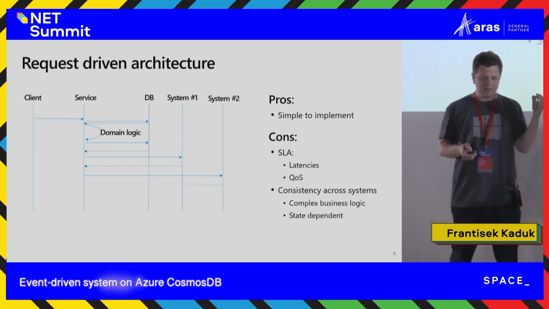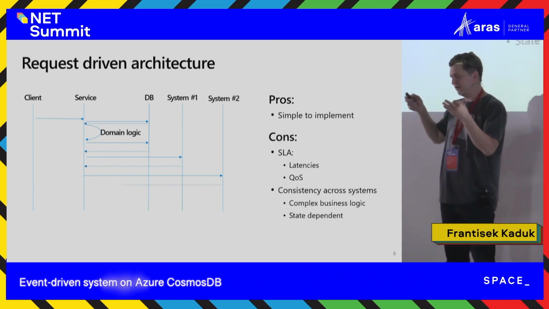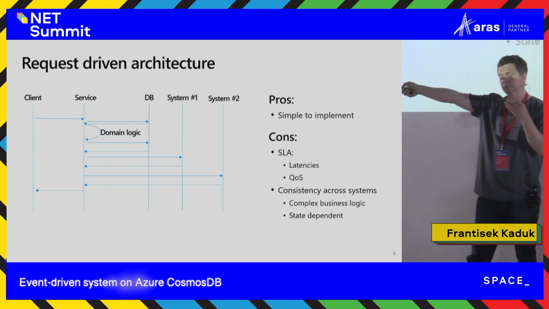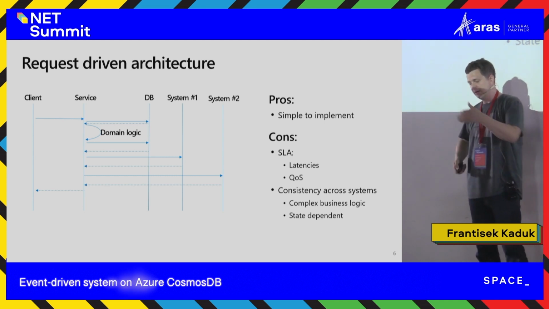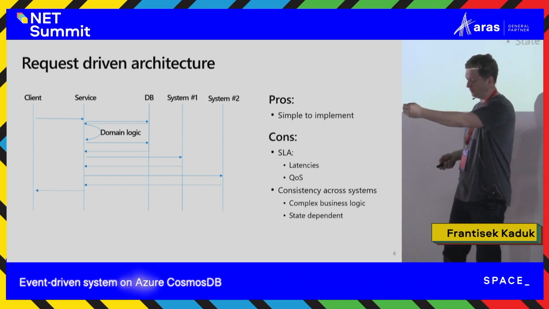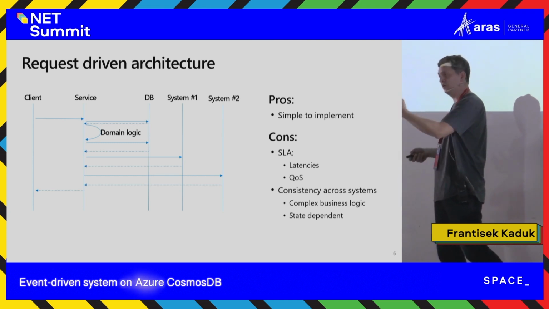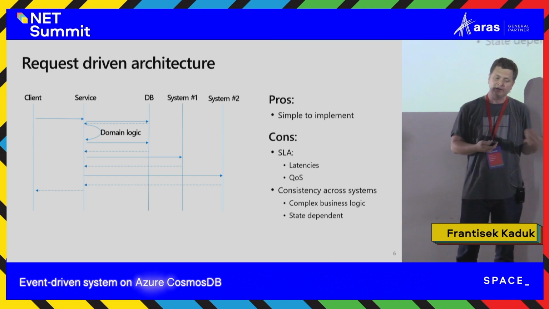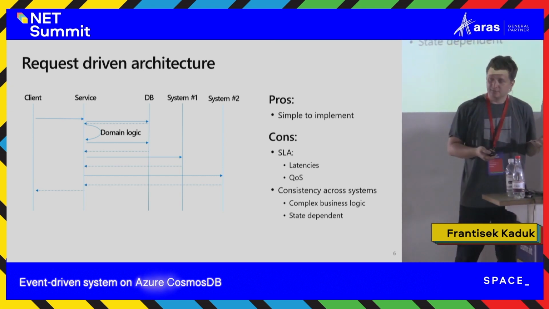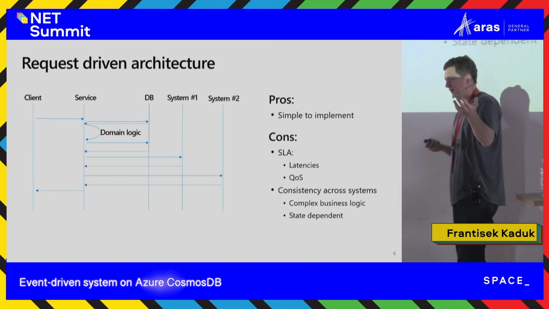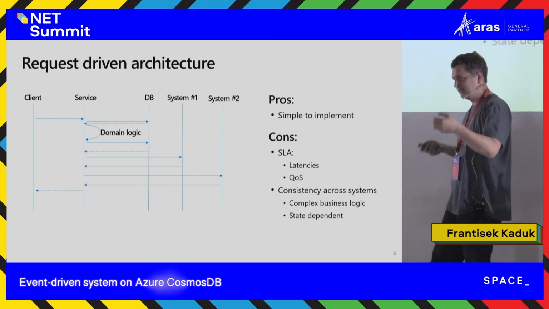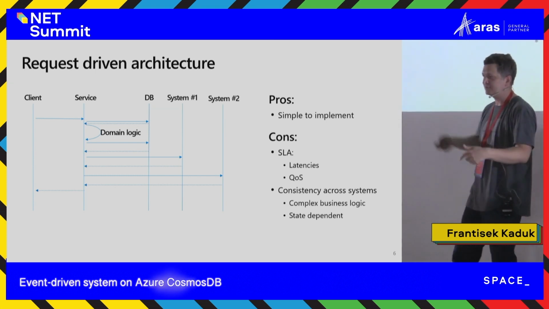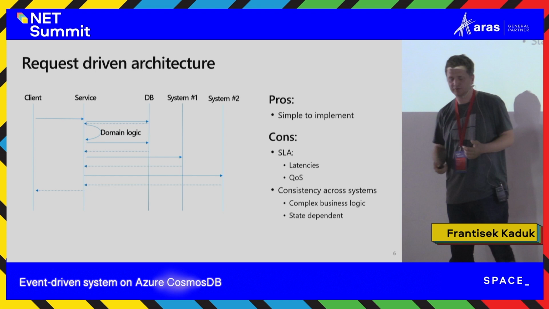So the first thing was that we were dependent on other systems quite massively. So when some other system had some issue and the request took quite a long time, we were also impacted. And you can imagine that getting an incident call in the middle of the night because some other system had some issue was not very nice.